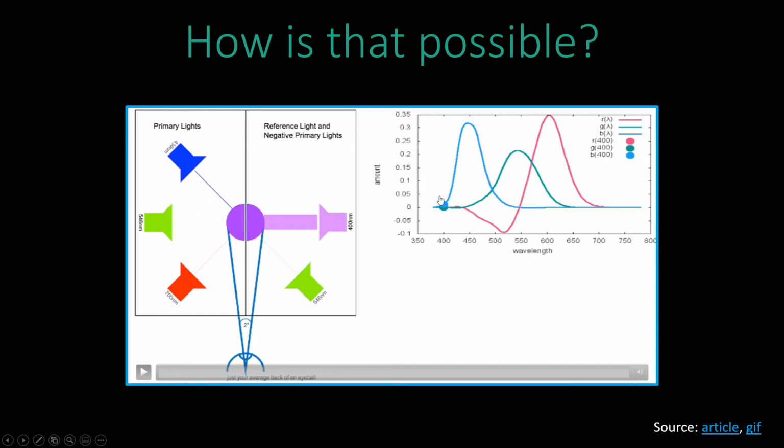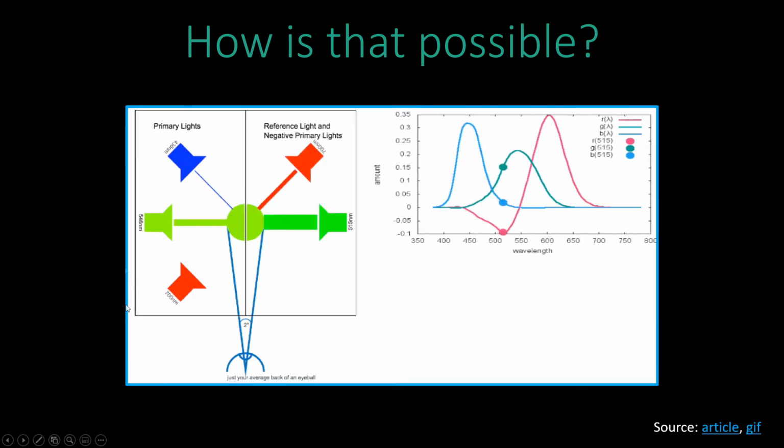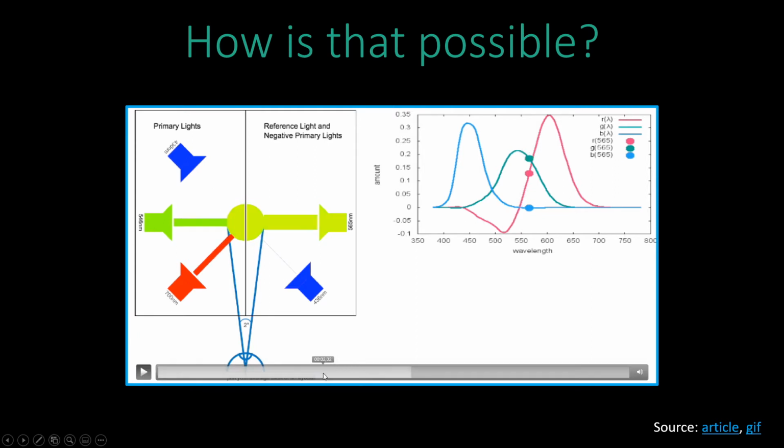The reason why we are getting the negative values is that at some moment, somewhere here, in order to mix this ultra green or something with these colors, you actually had to change even the reference light. So it's not possible to get this green.